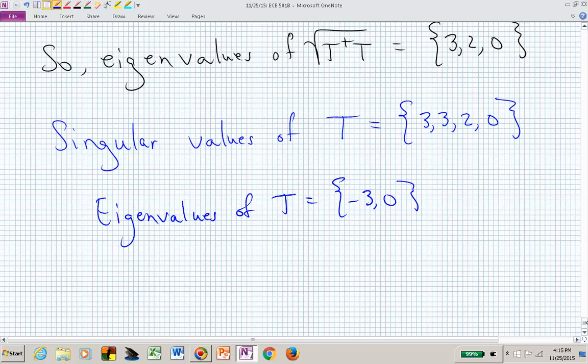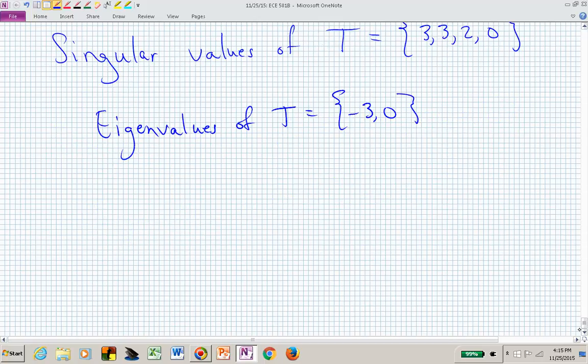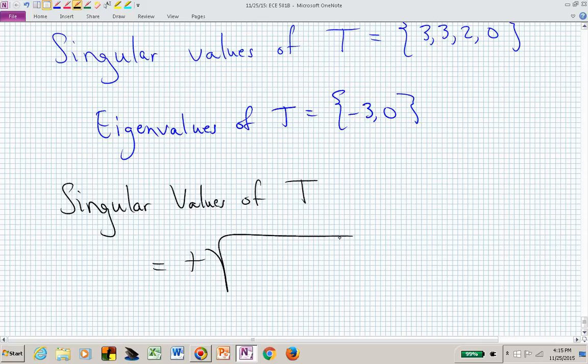So we now have the singular values of T. Those are equal to the positive square root of the eigenvalues of the matrix representation of T dagger T. That's really what we're saying.